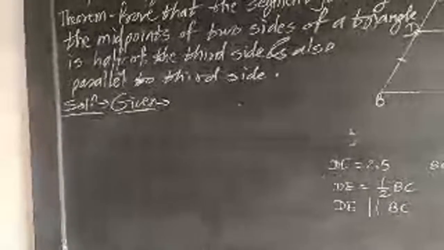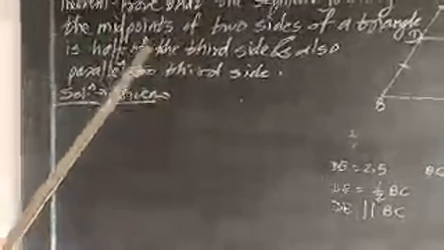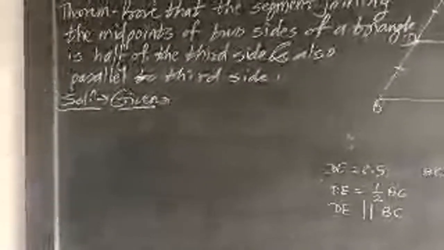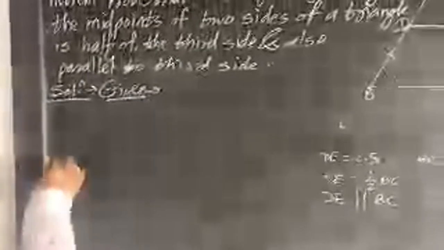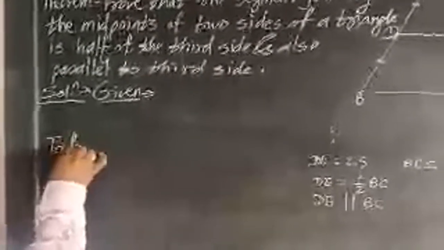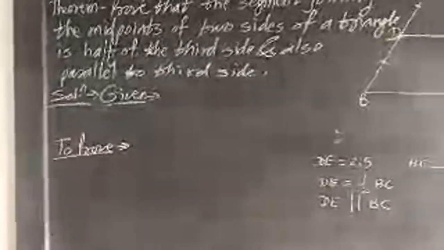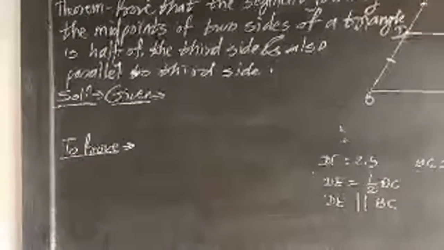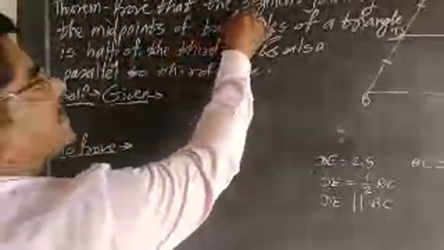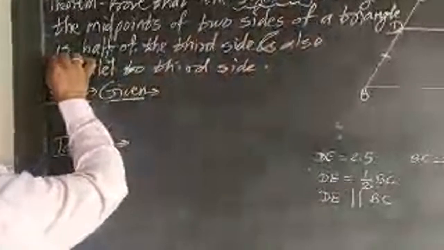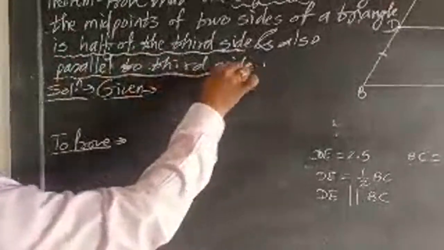If 'if' and 'then' were not present, which part do we consider? Otherwise, next part is to prove. In to prove, we consider the segment is half the third side and parallel to the third side.